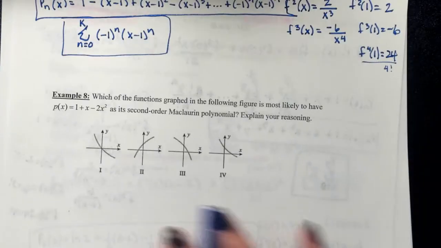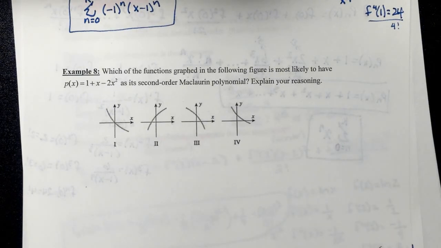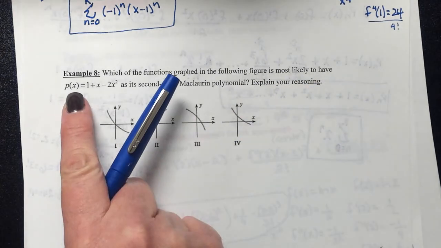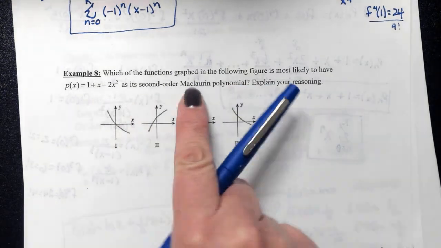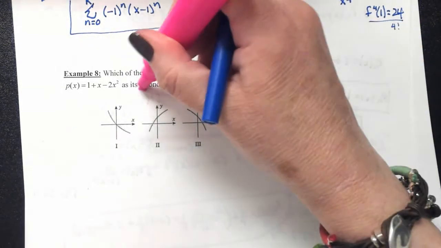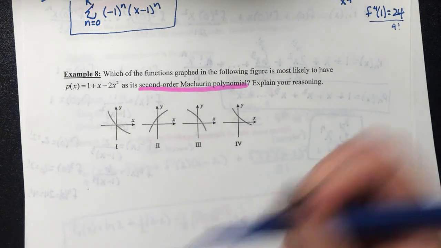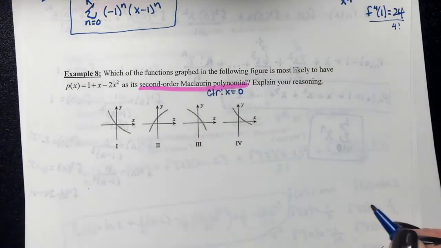So now here are some variations on questions they may ask you about Taylor and Maclaurin. Which of the functions graphed in the following figure is most likely to have p of x equals 1 plus x minus 2x squared as its second order Maclaurin polynomial? First of all, for a Maclaurin polynomial, I know the center is at x equals 0.